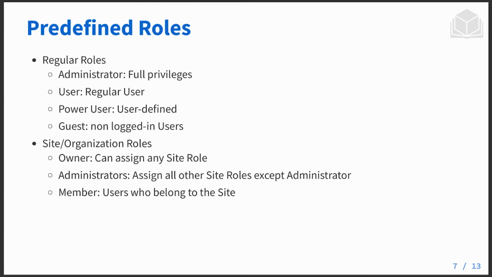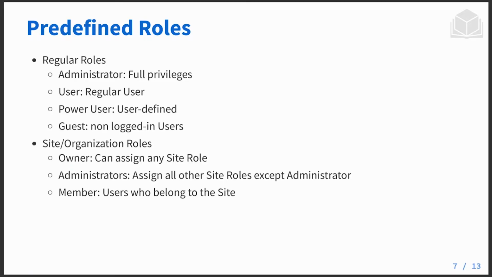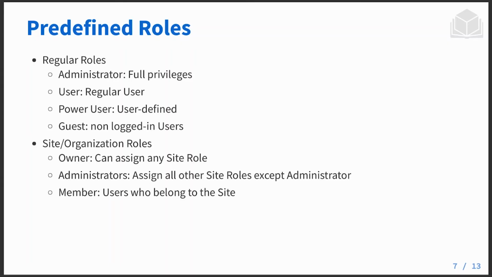Now there's some predefined roles on the platform. These include things like the administrator, and there's administrator at each scope. So we have a regular administrator. That's what we are working as with the Josiah Copeland account. Okay. We also have organization and site administrator roles, and these give us full privileges for that particular scope. Okay. We have the user role, I discussed this earlier, that's given to everyone with a user account. So once they've registered on the platform, this gives them access to basic public sites as well as their own user account.